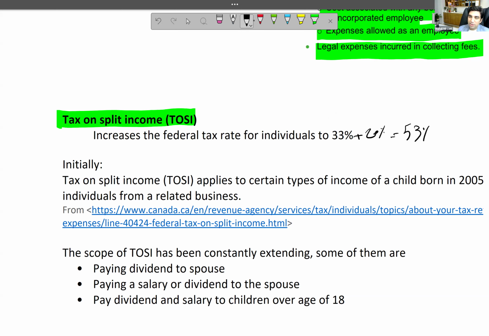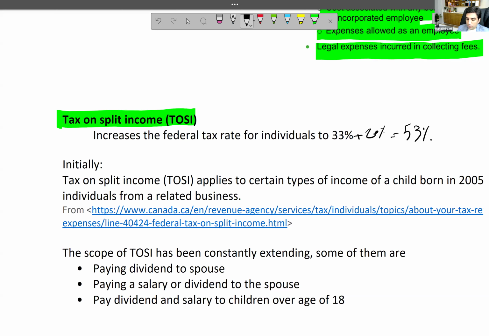It's 53% tax. So the person who has collected this income has to pay the highest tax rate. So they make it a very high rate to kill the motivation to take this risk.